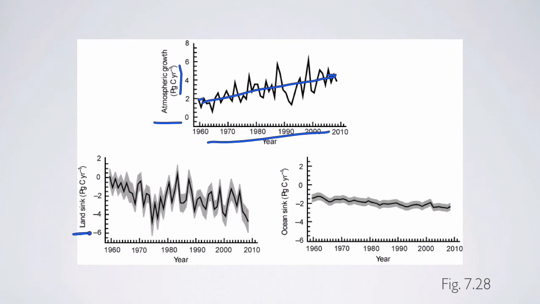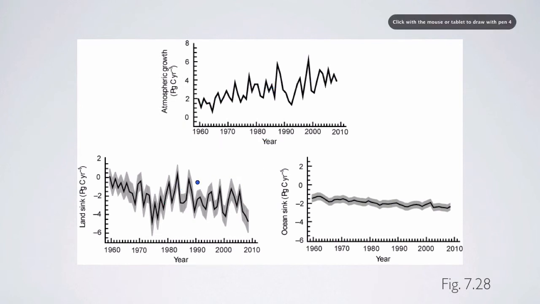Now we can also take a look at the land sink in carbon. Again, here's petagrams of carbon. Here's year on the x-axis. And again, negative numbers here, just like with NEE, represent a sink. And that sink, for all intents and purposes, has been increasing over time.